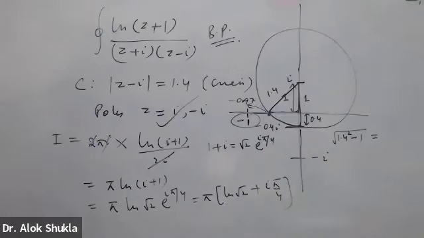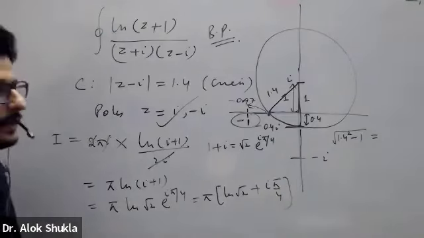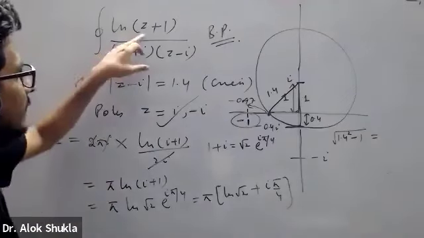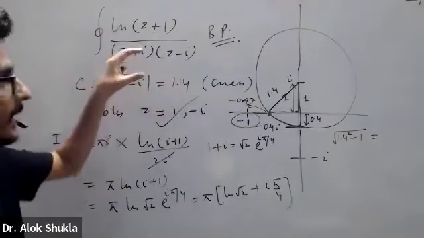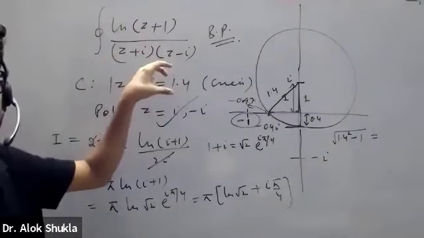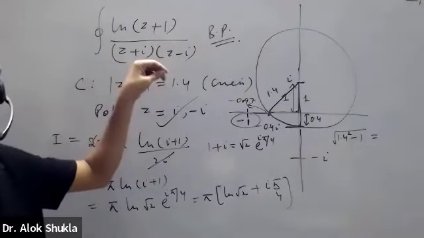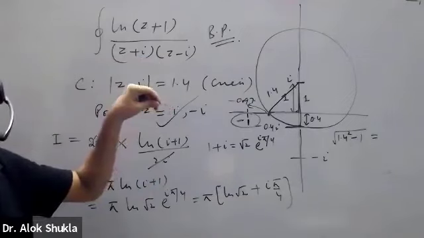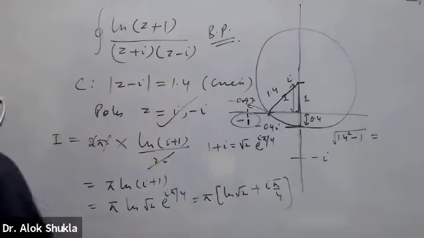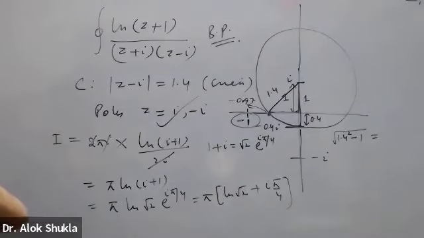Okay, sir. Thank you. That means suppose you want it at z is equal to minus 1, whatever is the function, the coefficient of 1 upon z plus 1 will be the residue. Okay, the definition of residue will not change. Tell me if there is any doubt in this.